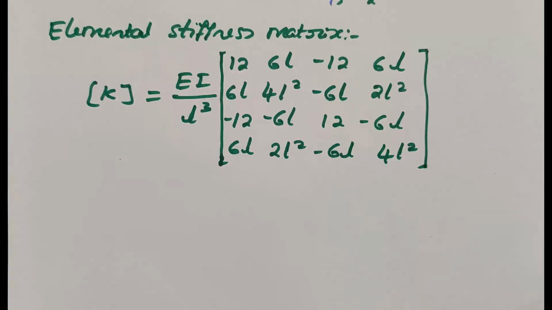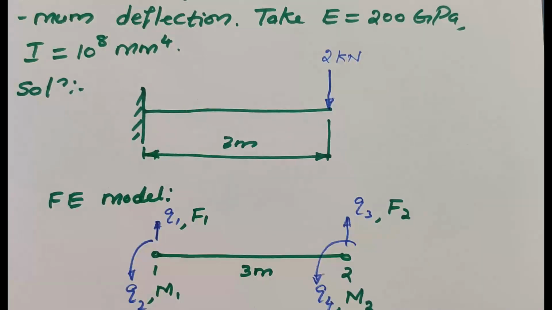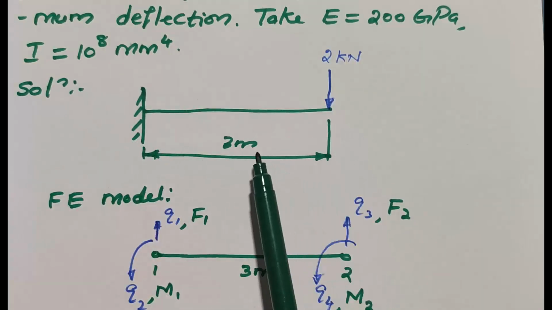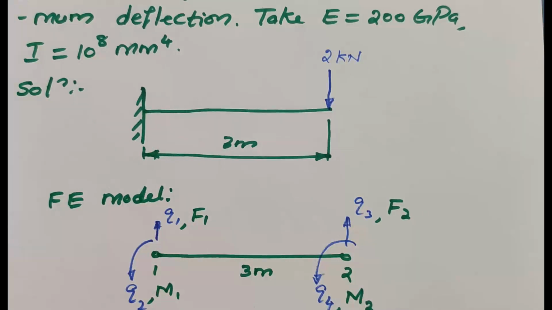Next we will substitute the values. In this problem, the length of the beam is in meter. That's why I'll consider all the values in terms of meter only. I'll consider Young's modulus in Newton per meter square, and similarly moment of inertia in meter to the power of 4, because the length is in meter.